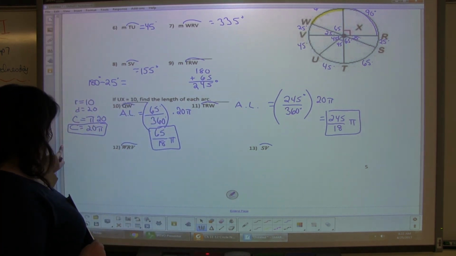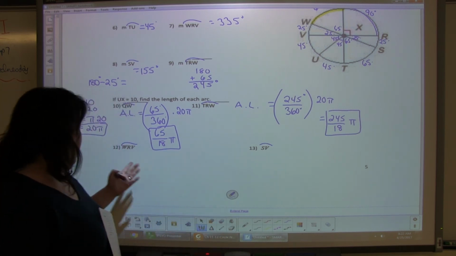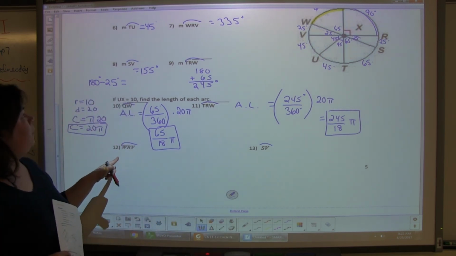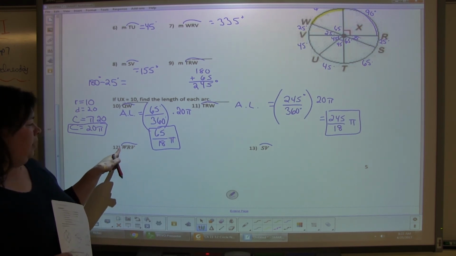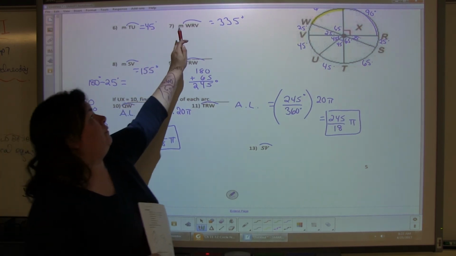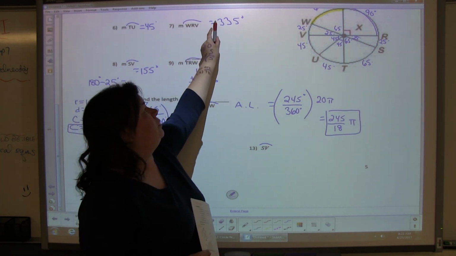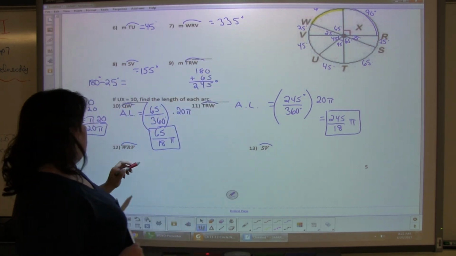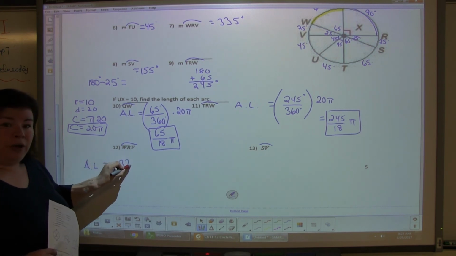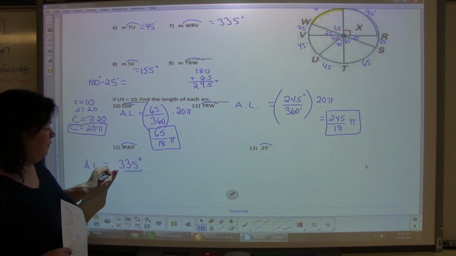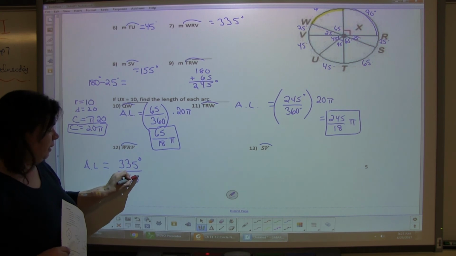All right. So let's go ahead and do number 12. So for number 12, we're looking for the arc length of arc WRV. And if the measure of arc WRV was 335 degrees, that means we're going to use that 335 degrees divided by 360 degrees.